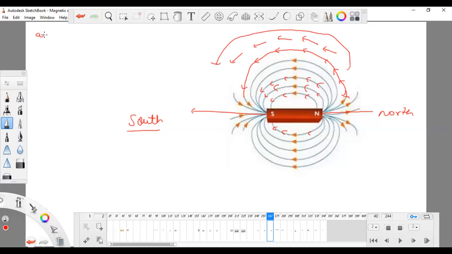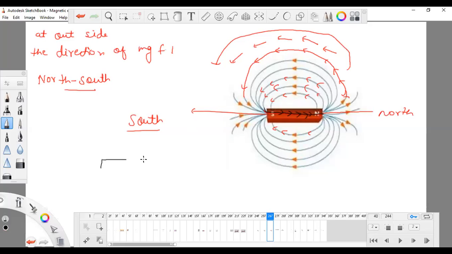So outside, the direction of magnetic field lines is from north to south. And inside, if I want to complete this like this, this is my magnet, and I'm drawing this.